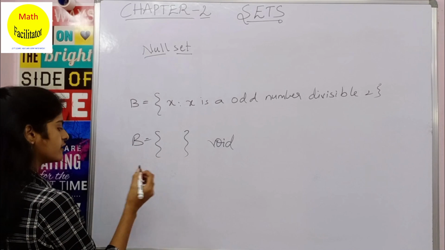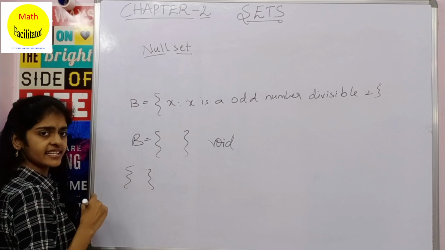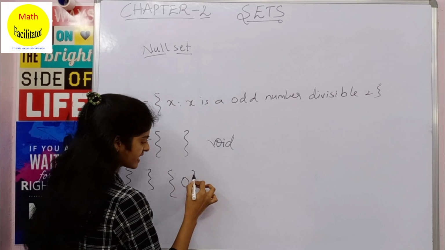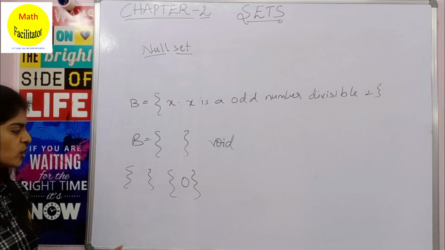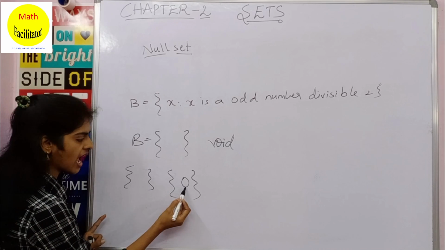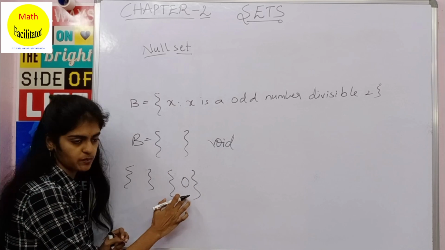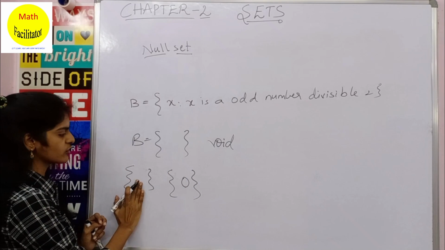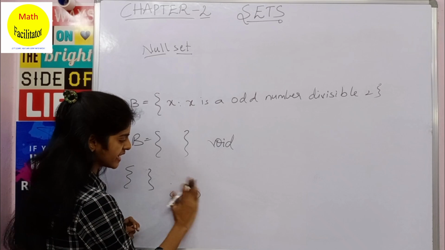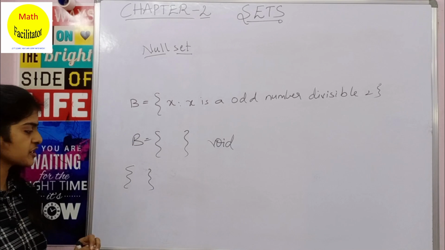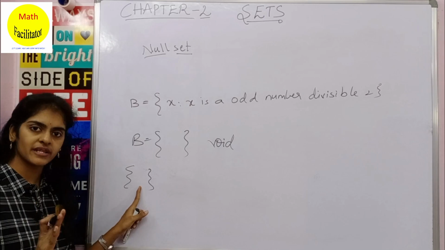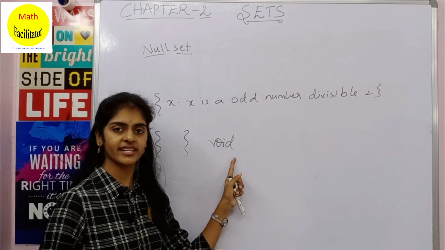You have to remember that this is the null set and this is a set containing the element 0. Both are different. Here you have an element, though it is 0, but here there are no elements. So the null set and the set containing 0 are different, and you should not get confused. The null set has no elements in it and it is also called the void set or empty set.